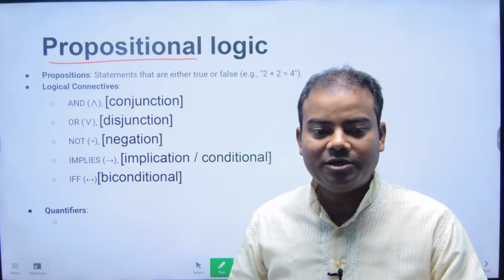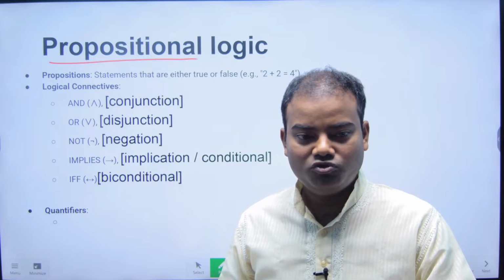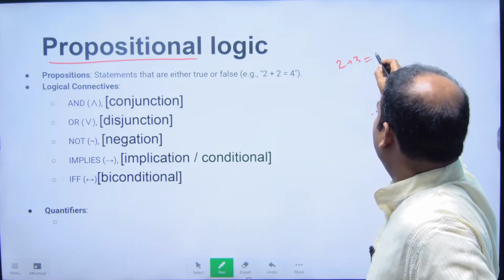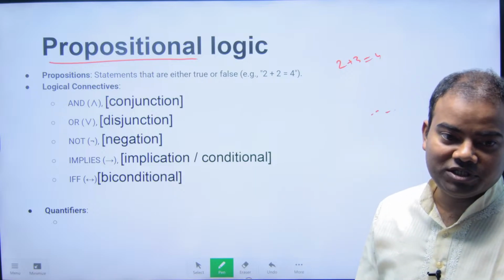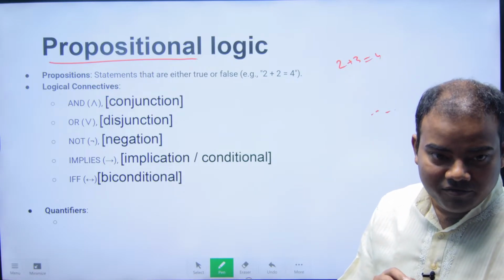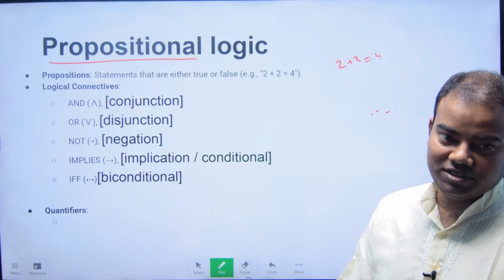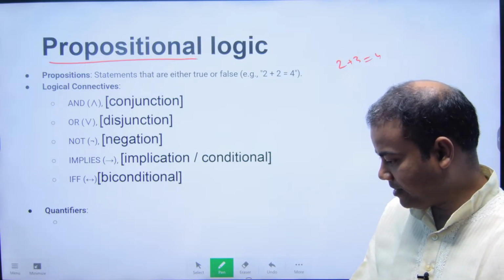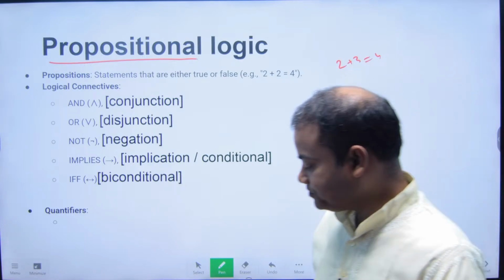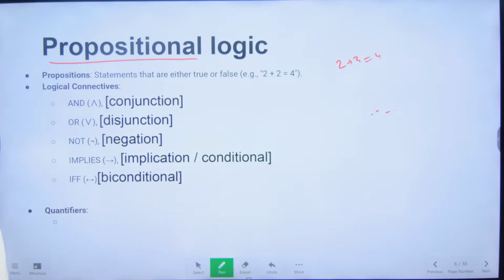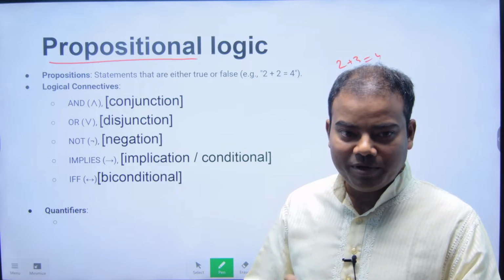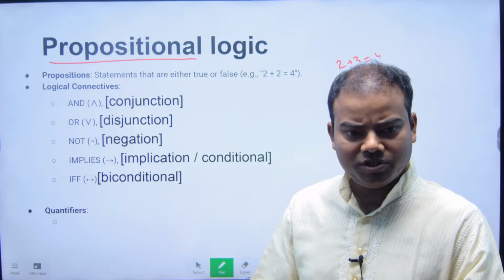That is also a statement that is false. If I write 2 plus 3 equal to 4, then this is also a proposition, a false proposition. Is it clear? Any doubt? 2 plus 2 equal to 4 is a proposition.